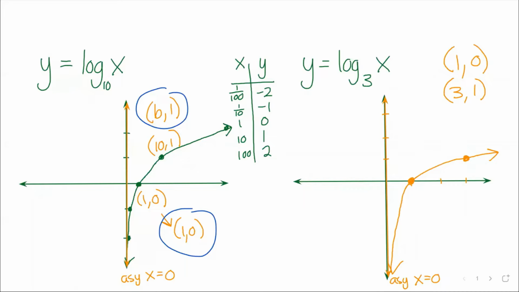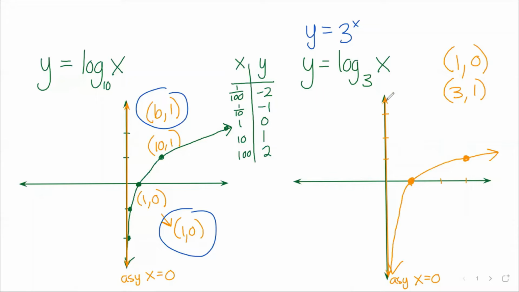So let's graph the corresponding exponential function on this same graph and make sure that it works out that way. If we have y equals log base 3 of x, the corresponding exponential function would be y equals 3 to the x. When I say corresponding, basically I mean the one that should be its inverse.